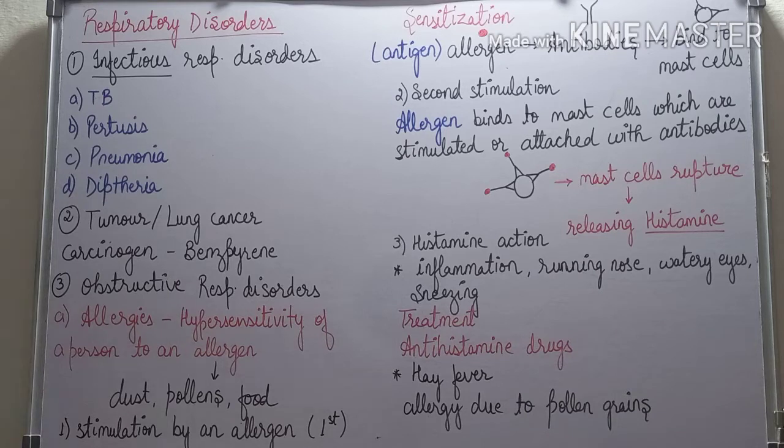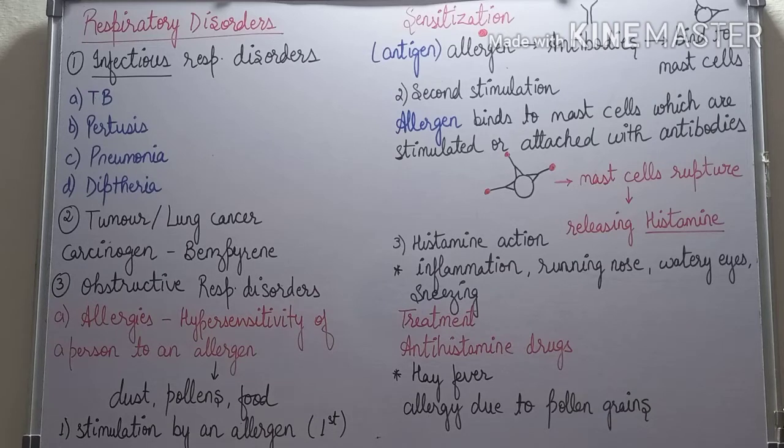Benzpyrene is a carcinogen, means a cancer causing agent, which is present in cigarettes and all these smoking things, like bidi, cigarette. In all those things, this benzpyrene is present, basically tobacco. Tobacco contains this carcinogen.